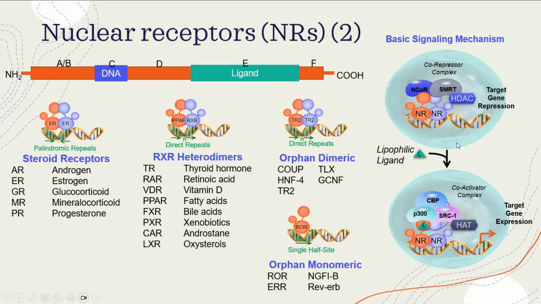So the basic mechanism here for all of the different receptors is shown off to the right, where we have a lipophilic ligand. It's able to cross the membrane, and this is important because these receptors are not found on the cell surface. They're found within the cytosol, or they're found within the nucleus.